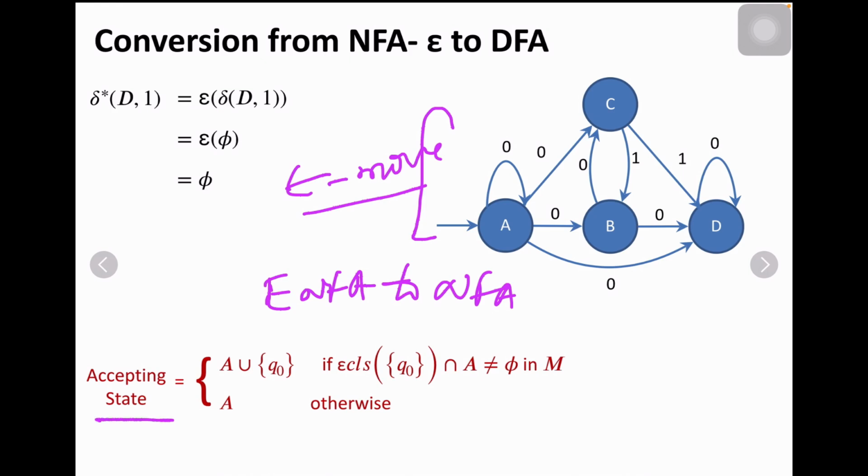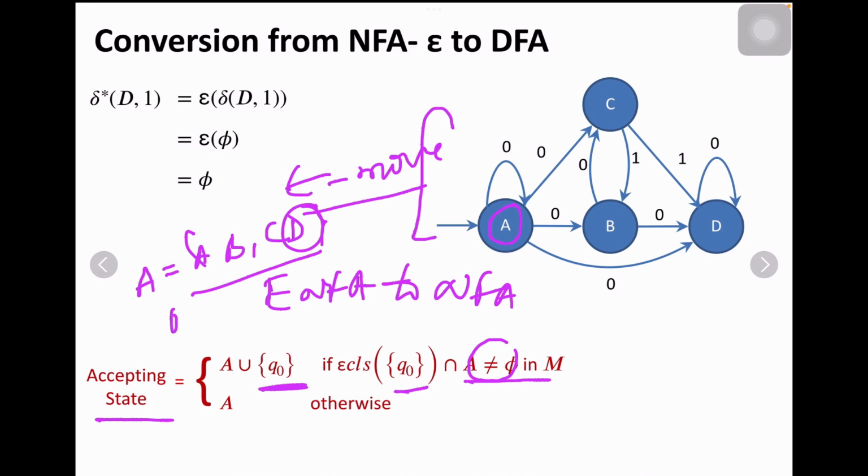Since accepting state, whenever A is the union of Q naught, that means the initial state, if E-closure of Q naught intersection with F is not equal to phi, that means there is no transition at all, then it includes a final state of the DFA, then A is also a final state, because E-closure of A is A, B, D. D is included, not C, right?